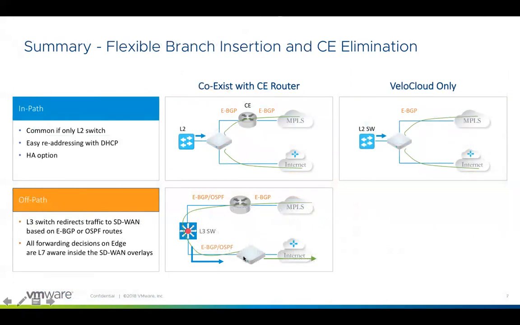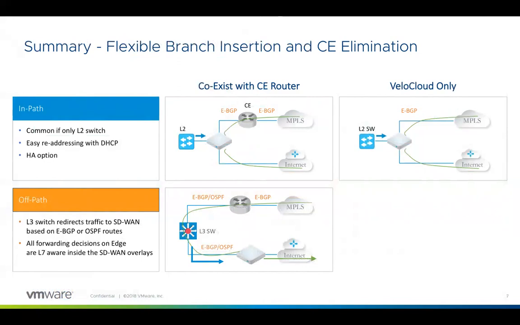It's less intrusive, but again, a little more difficult to actually insert the VeloCloud Edge. In the in-path option, the VeloCloud Edge is the default gateway. It's also the DHCP server. So it's a bit easier in terms of insertion.